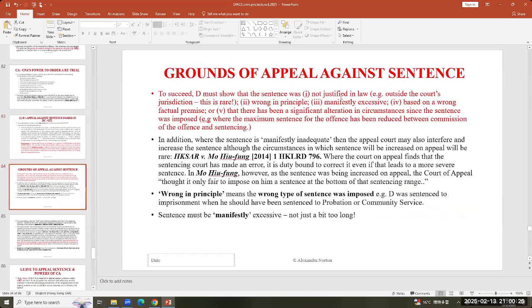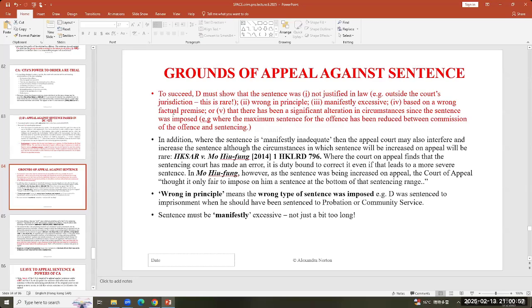On what grounds? Either outside the jurisdiction, wrong in principle. Wrong in principle means the wrong type of sentence was imposed. So the argument here would be, let's say he was in prison, but the argument is Section 109A applies because he's a young offender. So the court should have looked to a rehabilitative option. And in fact, probation was recommended. So the wrong type of sentence was imposed. Or the sentence is manifestly excessive.